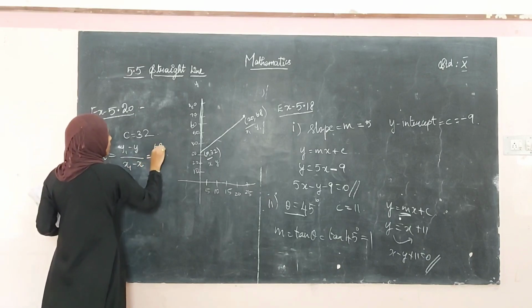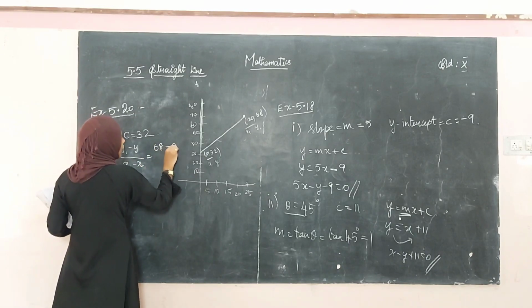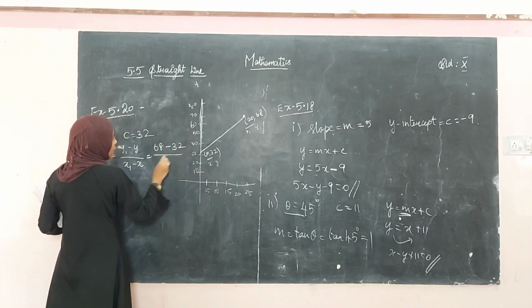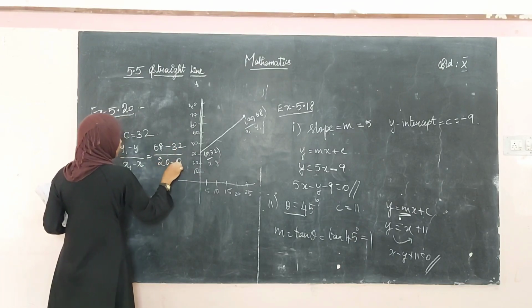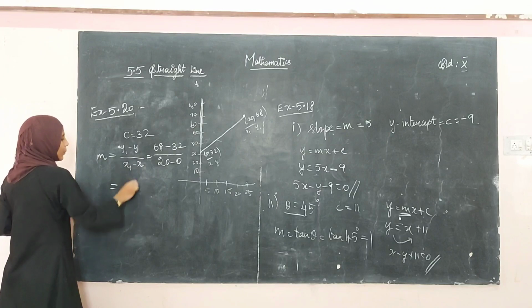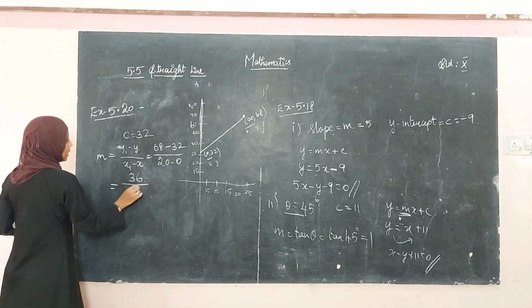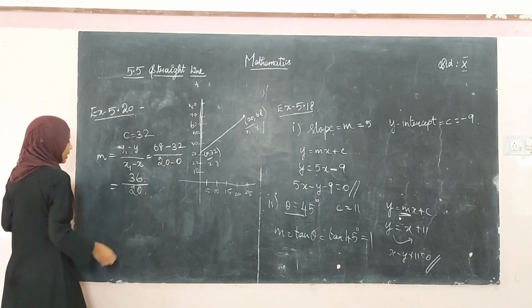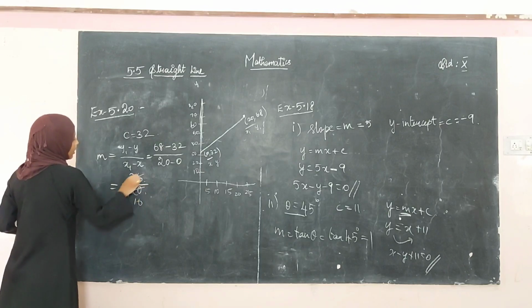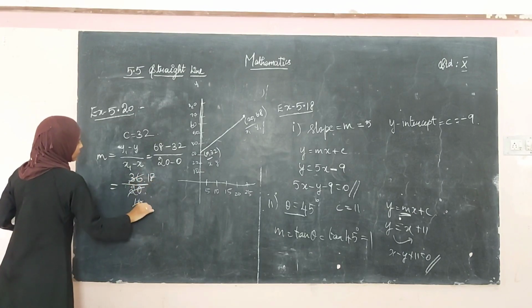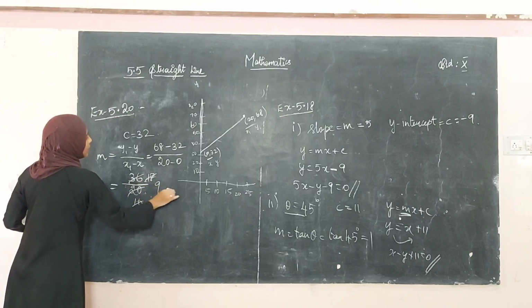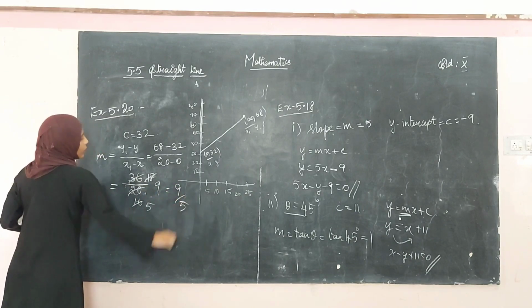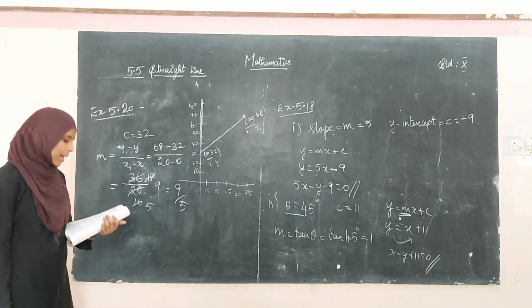It is 68 minus, what is y? It is 32, divided by 20 minus 0, which is equal to 36 divided by 20. So what's the answer? 9 by 5. So the slope of the given graph is 9 divided by 5.